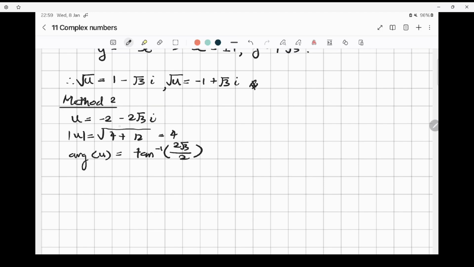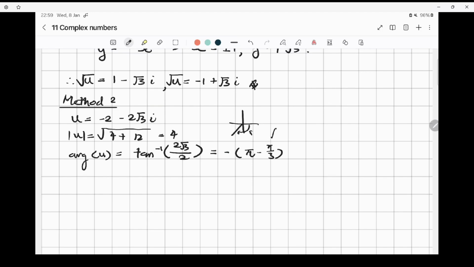So this is in your third quadrant, meaning your angle has to be defined negatively. So what you will need to do is to put a minus sign to define the direction of your angle, and then pi minus pi over 3.